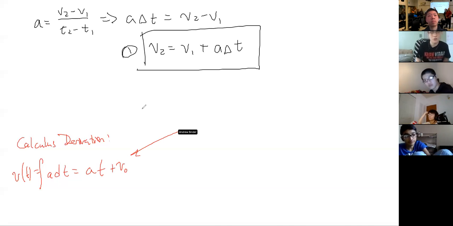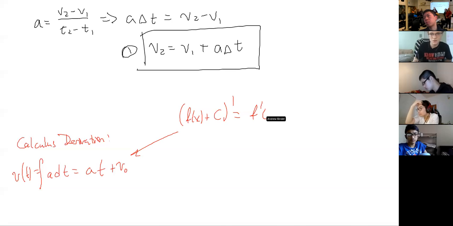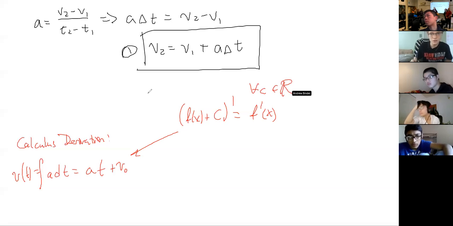And I just want to make a note on the reason we add this. As you will learn either from the reference sheet or just common sense, the derivative of a constant is 0. So if I have f of x plus some sort of constant c, the derivative is just f prime of x, and the constant disappears, which means that for any real c, the derivative is the same.